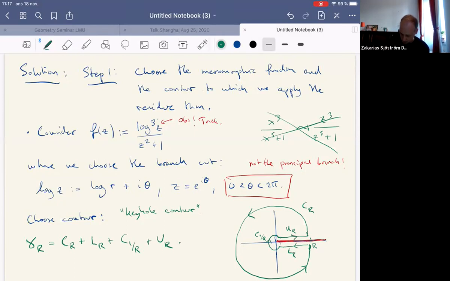Okay, so this is how it goes. Any questions so far? Of course I understand that it's still mysterious why you choose this number 3 and perhaps why you choose this branch cut here. This will be clear in a moment.